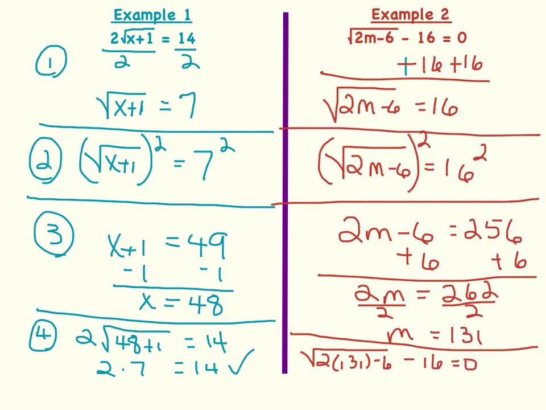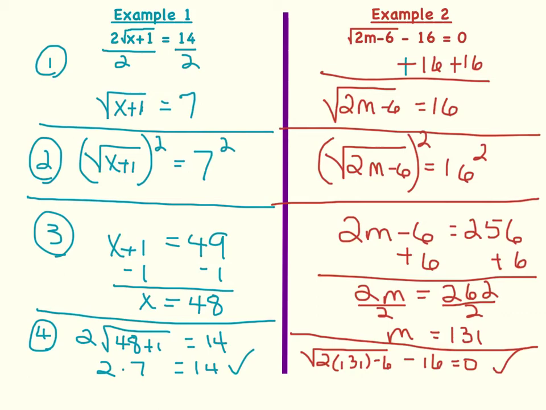Well, let's look at my square root symbol. 2 times 131 is 262. And 262 minus 6 is 256. The square root of 256 is 16. And 16 minus 16 is 0. So this one checks out also.